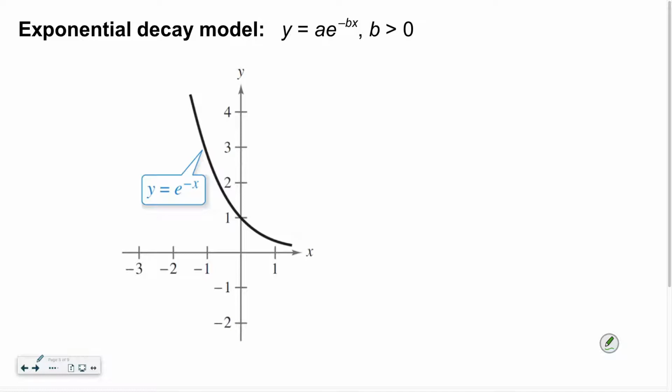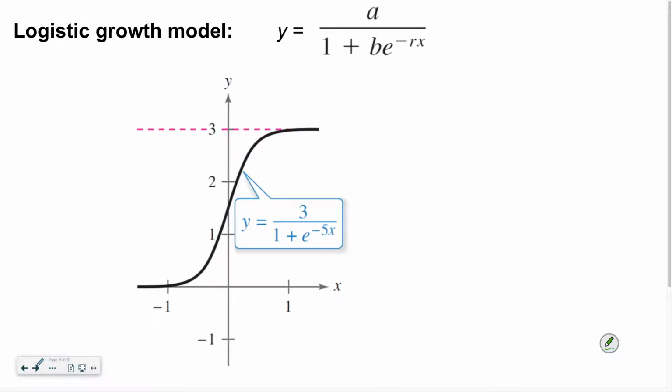Now our third model, this is what we call logistic growth. It looks kind of crazy, right? So this is what we use to model sometimes the spread of rumors. It is a very popular example. Maybe we're talking about some sort of illness in a certain population. If we talked about the spread of a rumor here at school, there is only a certain number of people that can hear it.